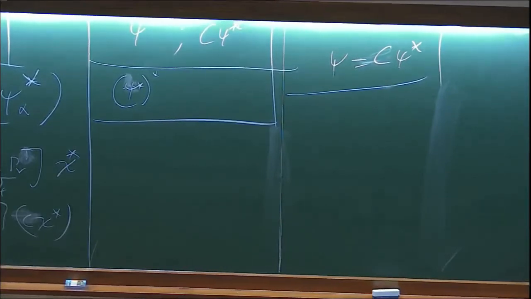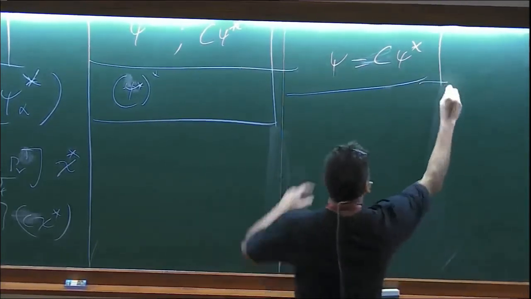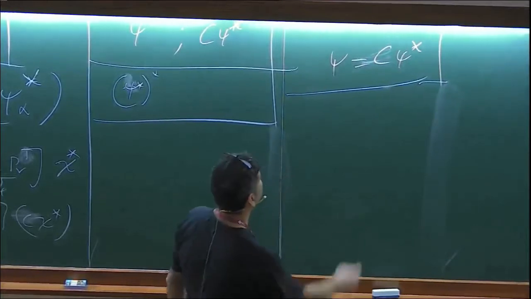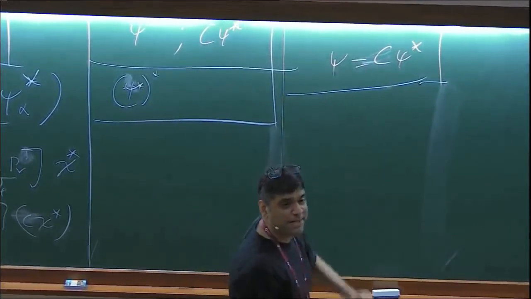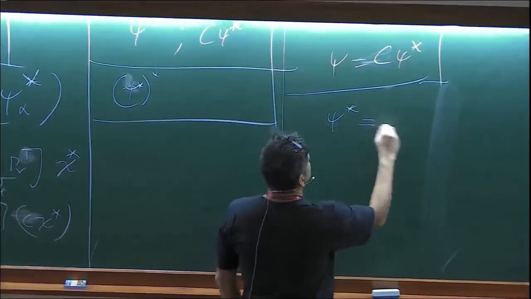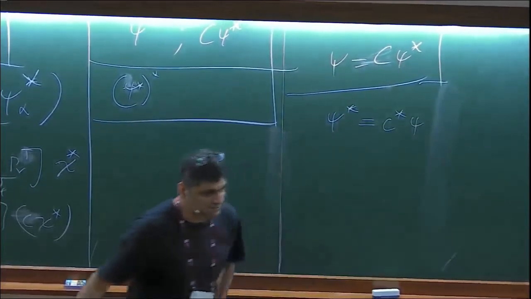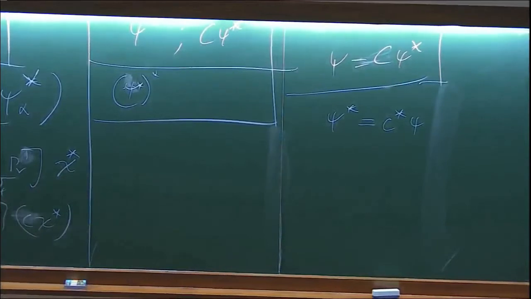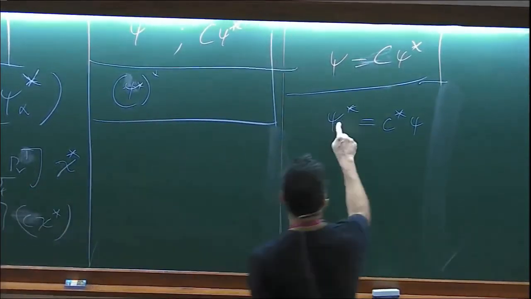The second order consistency requirement comes from the following manipulation. If this is true, then I can complex conjugate this equation. So that must mean that psi star is equal to C star psi. From one follows the other. But now I can plug this back into here.